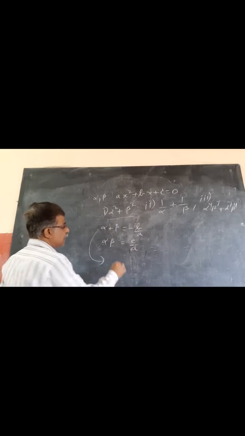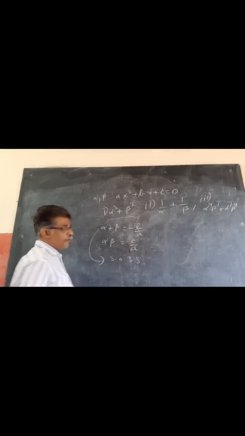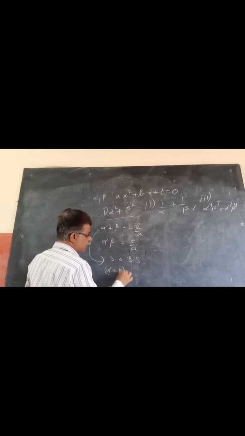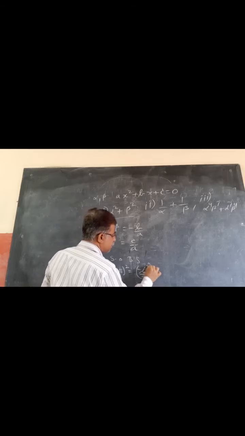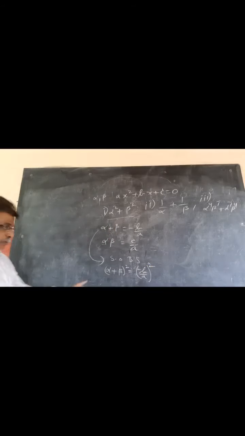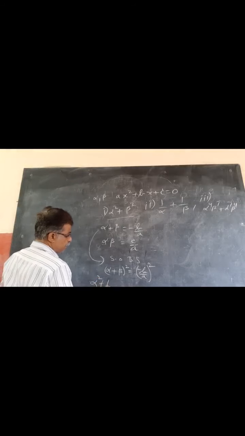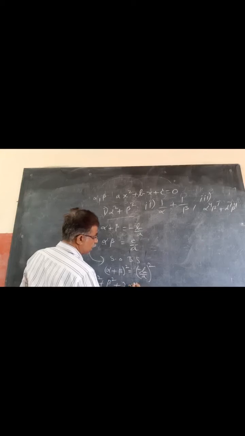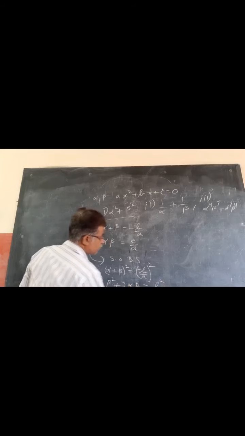If I take the square on both sides of this equation, what do I get? This becomes alpha plus beta whole square equal to minus b by a whole square. Now this is the a plus b whole square formula: alpha square plus beta square plus 2 alpha beta equal to b square by a square.